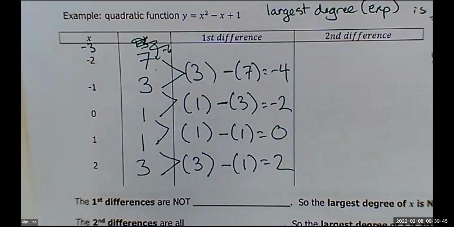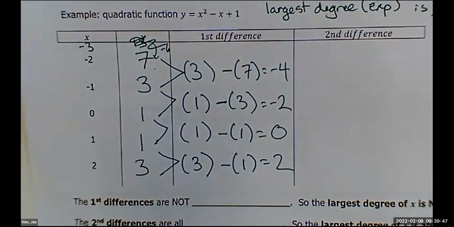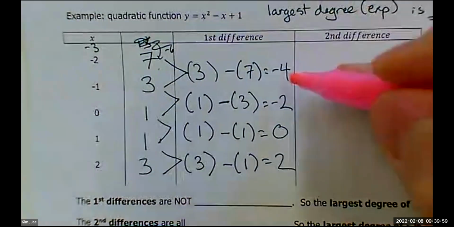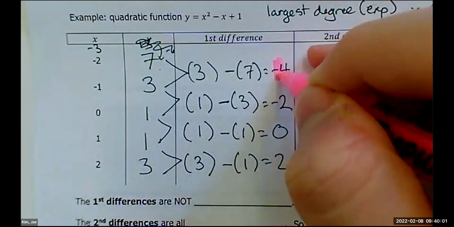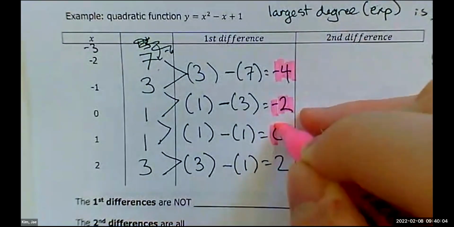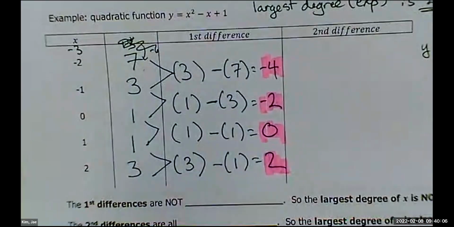Are the first differences equal? They're not equal, right? They're not equal. So first differences are not constant.